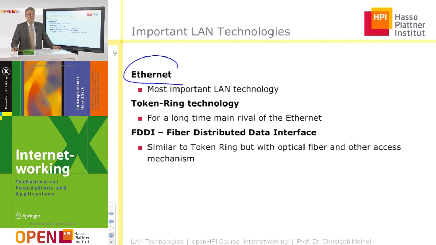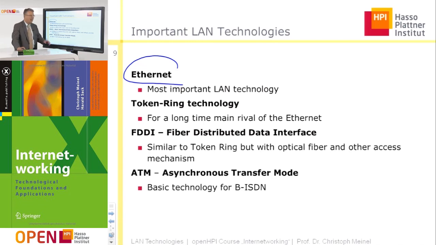Beside token ring technology, we have FDDI, fiber distributed data interface. It's very similar to token ring technology, but instead of electrical wire, it works with optical fiber and some different access mechanisms. Then another important local area network technology to mention is ATM, the asynchronous transfer mode, which is the basic technology also used by ISDN.